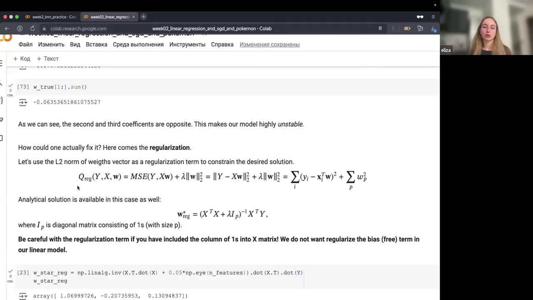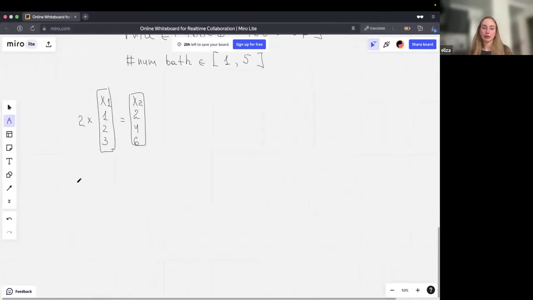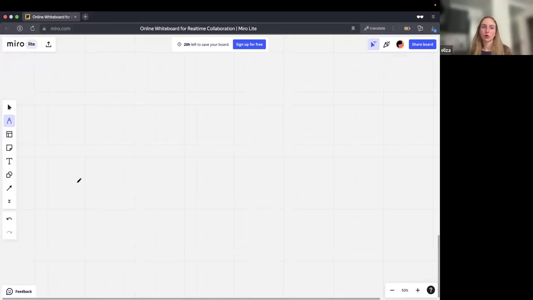But to understand it, let's write the loss function and cost function. It is sometimes called loss function, sometimes cost function. We said that MSE is this expression.